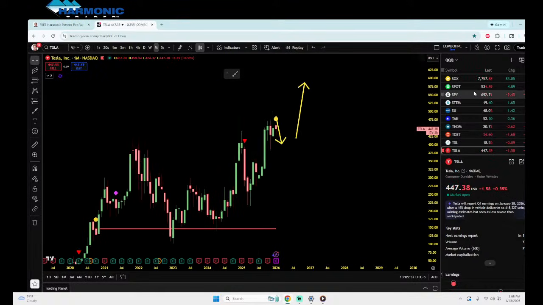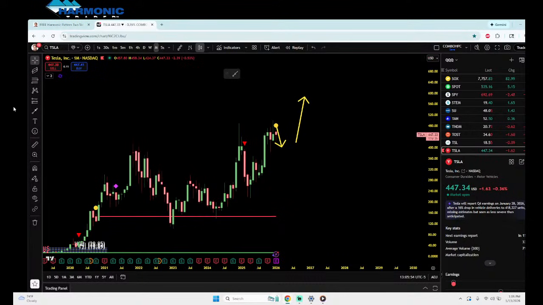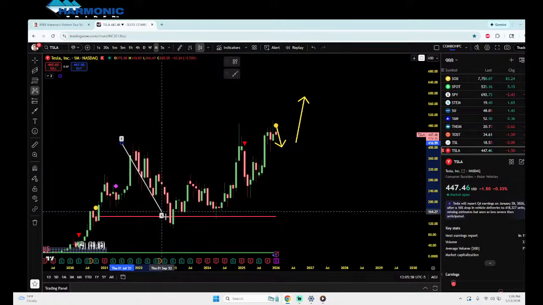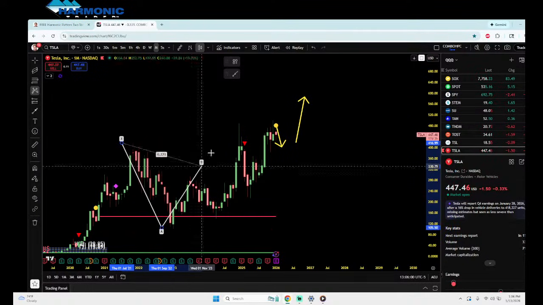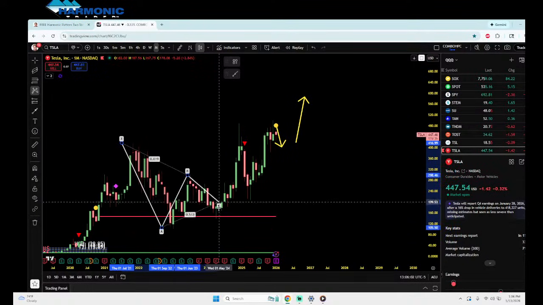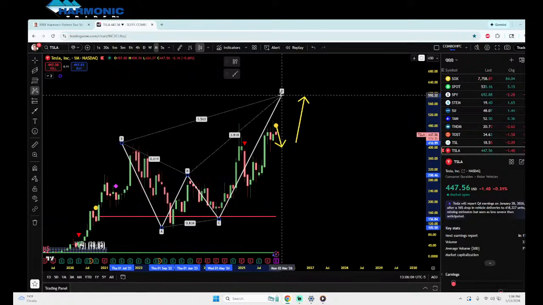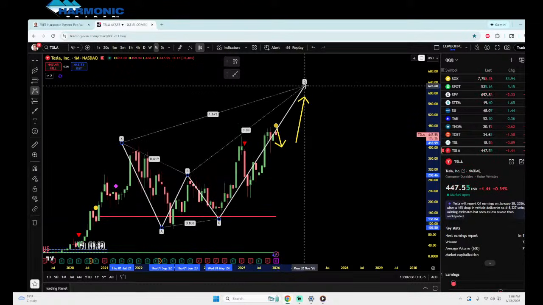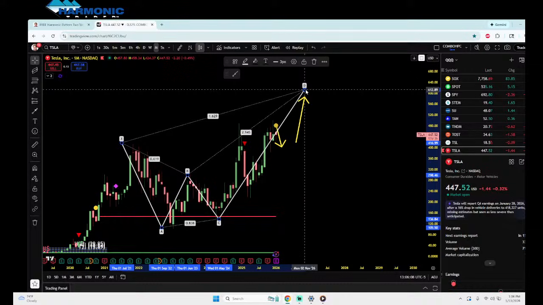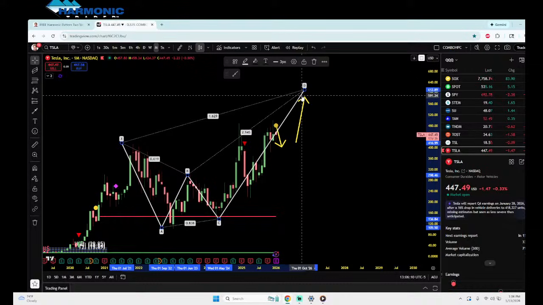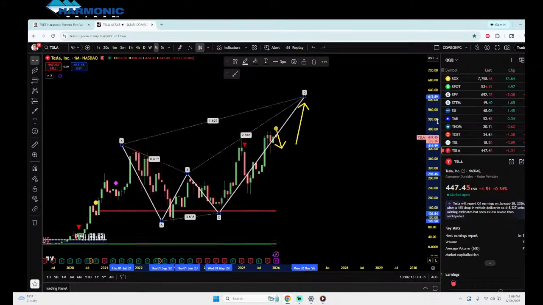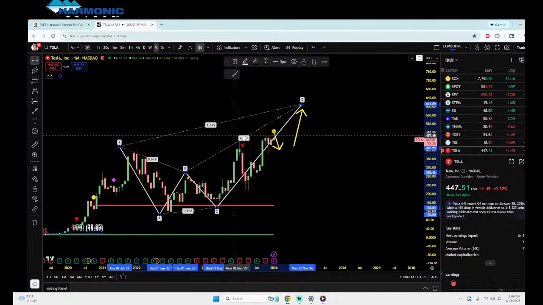But guys, Tesla, don't forget, has already triggered the monthly crab pattern that is like this, XAB, perfect 618 there, up to a 1618 price discovery. That's like 610 minimum that on the monthly, and we've already triggered it.